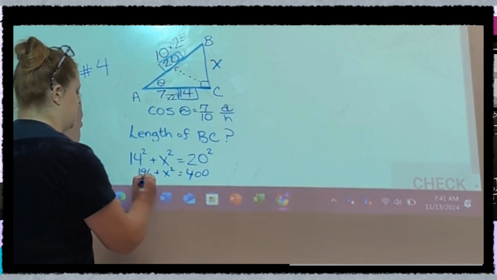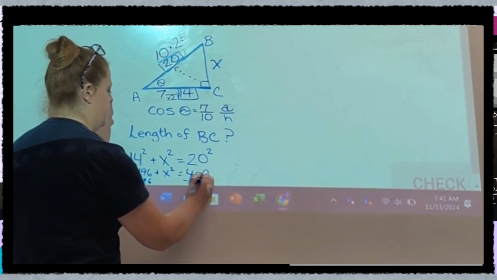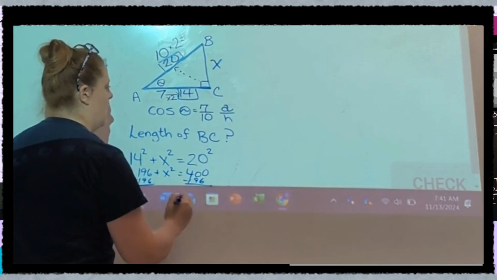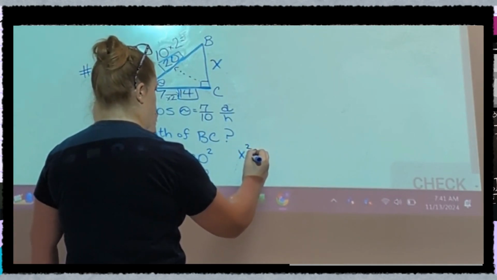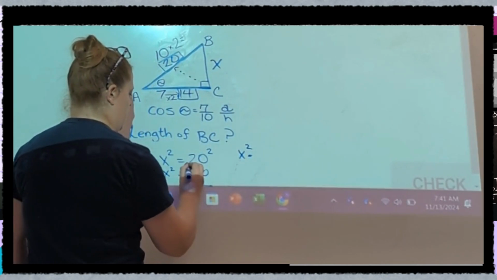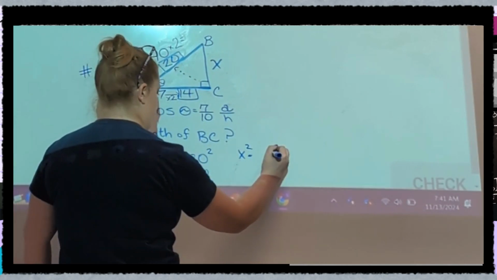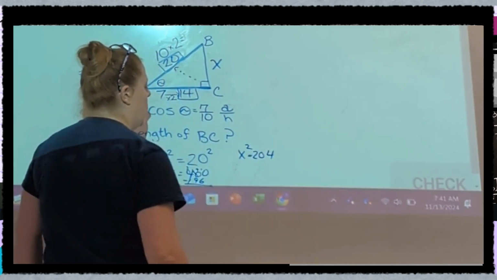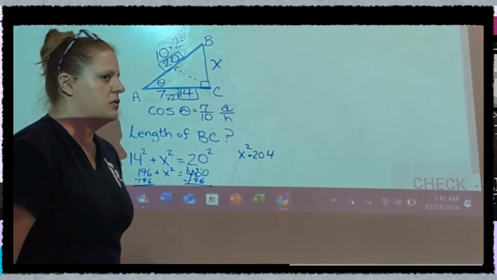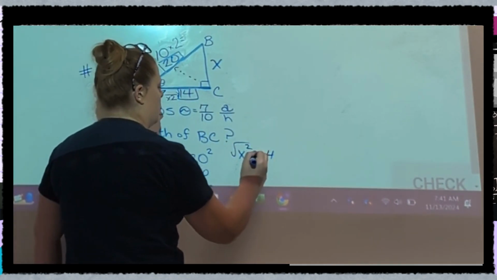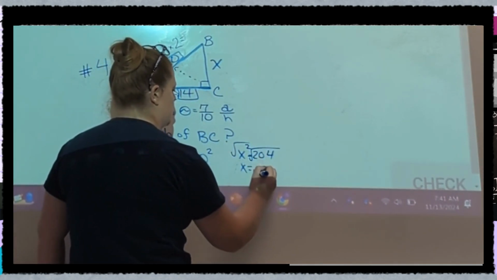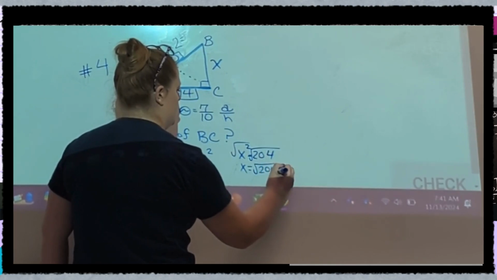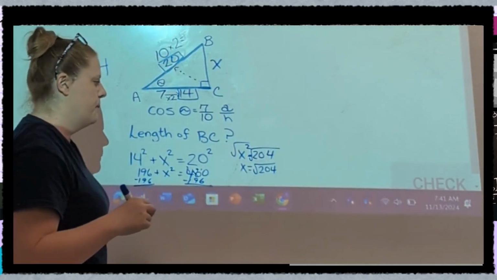Subtract 196 from both sides. And we get x squared is equal to, I've got to do a little math. I could do it in my head, I don't feel like it. x squared equals 204. Take the square root of both sides, and we get x is equal to root of 204.